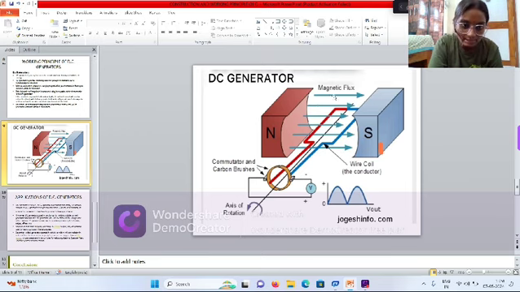Here there will be magnetic flux flowing from the north pole to the south pole. There is a coil conductor between these poles, and a commutator and carbon brushes are present, and this is the axis of rotation. Here we'll get a graph in this way.